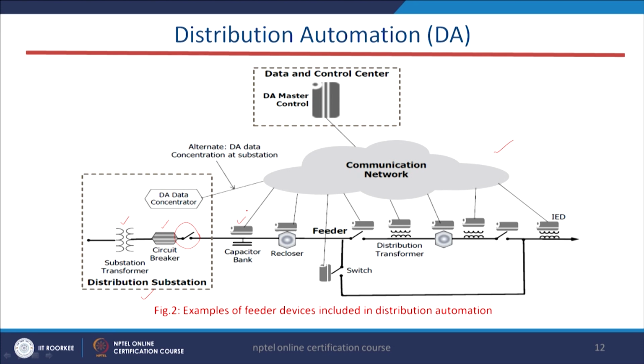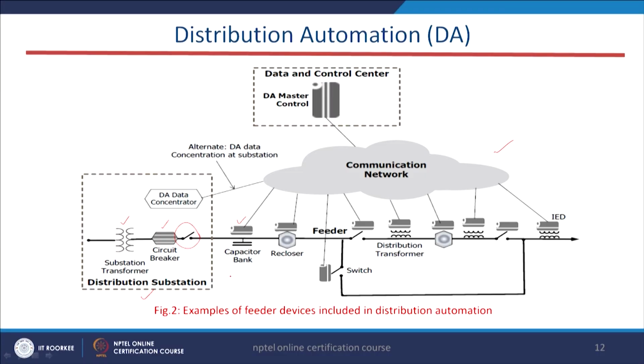Basically, the capacitor bank is used inside the distribution system to correct the power factor and sometimes also to improve the voltage profile. The capacitor provides the leading current and it injects reactive power into the circuit. So, very frequently the capacitor banks are used inside the distribution system. And we have also reclosers and we have distribution transformer.